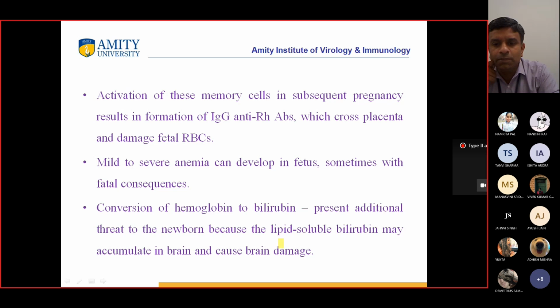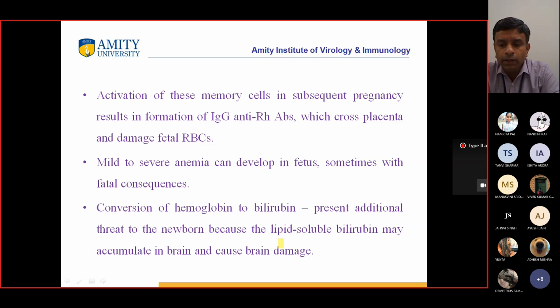So activation of these memory cells in a subsequent pregnancy results in the formation of immunoglobulin G anti-Rh antibodies, right? Antibodies against the Rh antigen, which can cross the placenta and damage fetal RBCs. When this happens, there can be mild to severe anemia in the fetus, and sometimes it can be fatal.